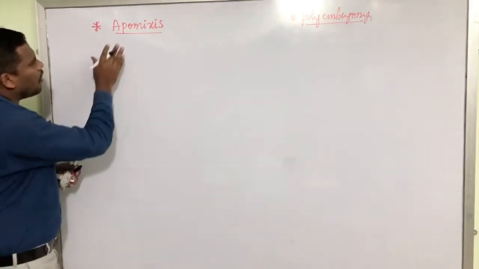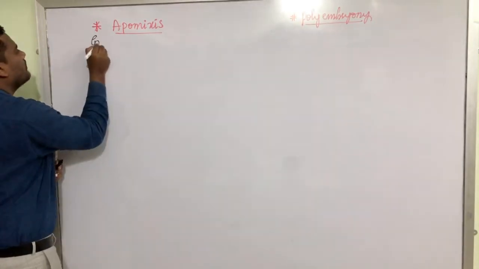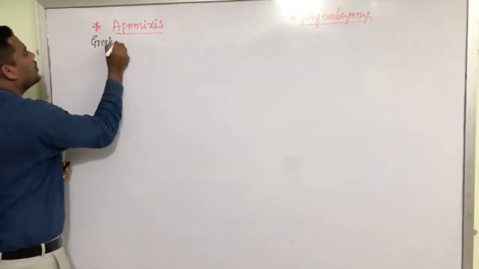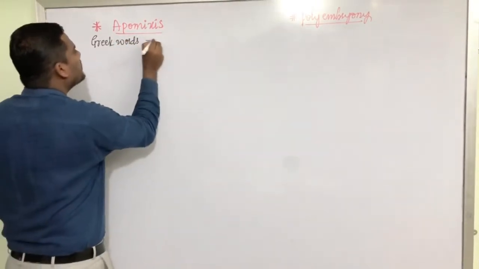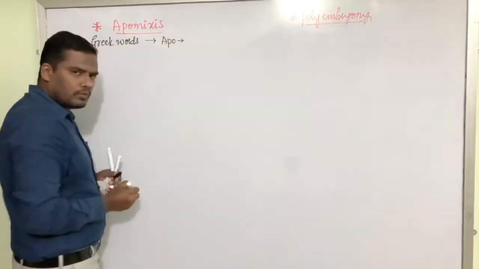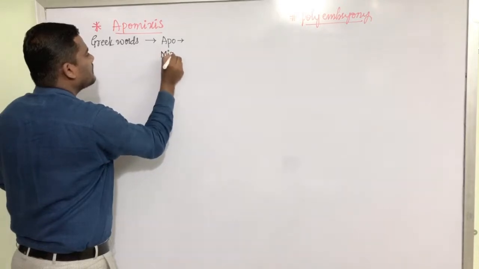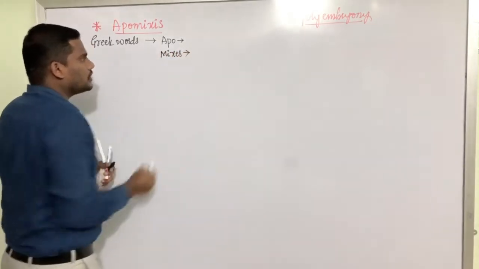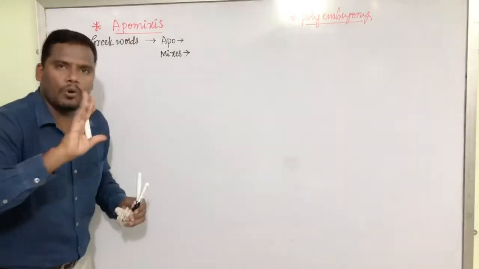Apomixis is a combination of two Greek words. What are the two Greek words? The first one is apo, and the second word is mixis. Apo and mixis together make apomixis.